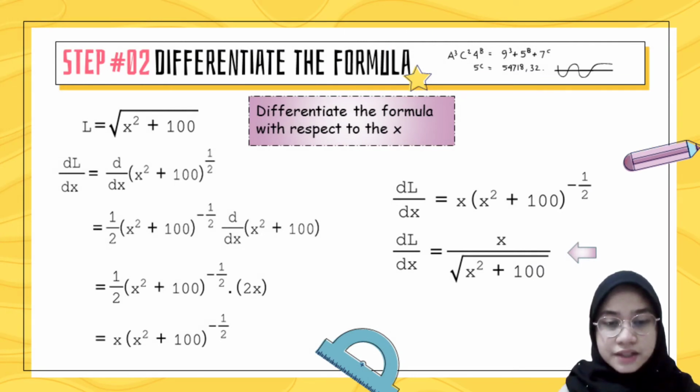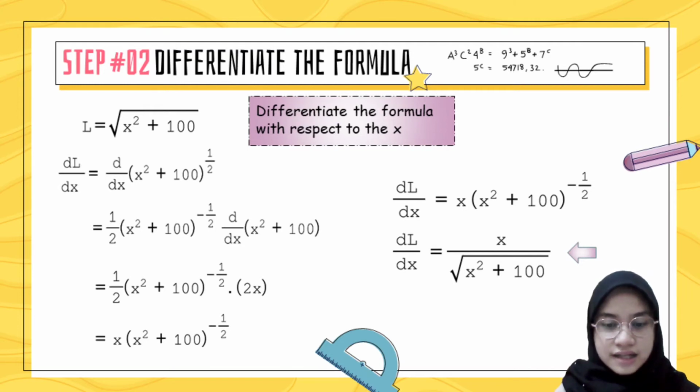So we differentiate the formula with respect to x. That goes for x squared plus 100 to the power of a half. And then we take the derivative by bringing the 1 over 2 in front and keeping the inside of the brackets. And then subtract the exponent down by 1, and in addition multiply by the derivative of what is on the inside of the brackets.